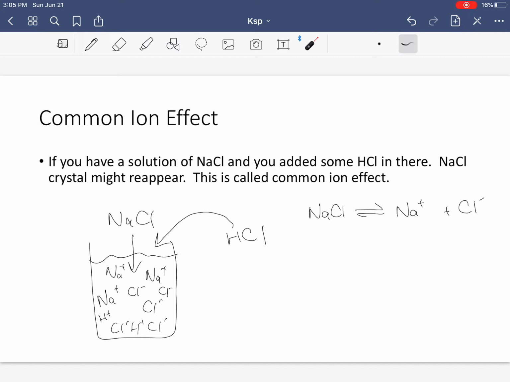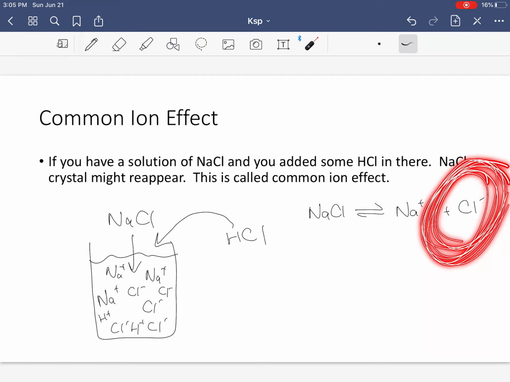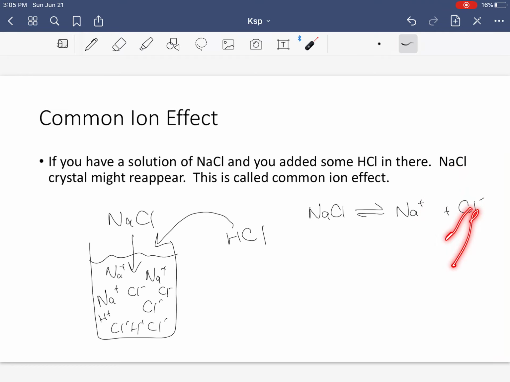Unless you decided to add more of these. Take this guy. Let's add more of these. Let's purposely raise the concentration of this number. Now remember, for every equilibrium, there is a Kc. Okay?